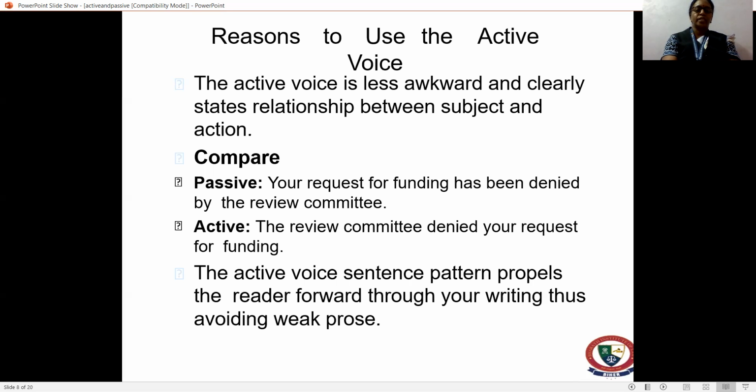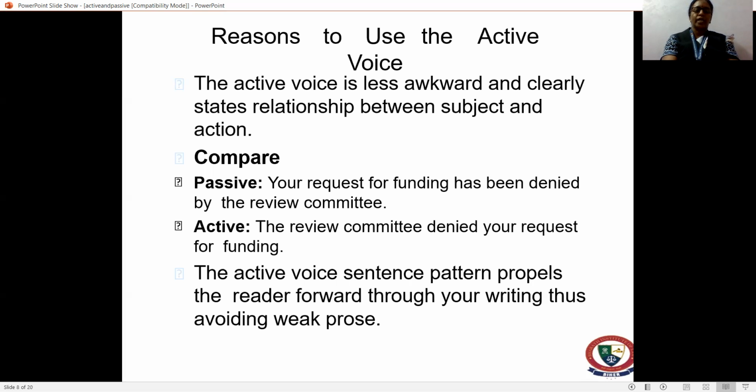So let us read the sentence. Your request for funding has been denied by the review committee. This sentence is in the passive voice form. Though we can understand the meaning, it takes certain time and we need to read it very carefully to understand the meaning.